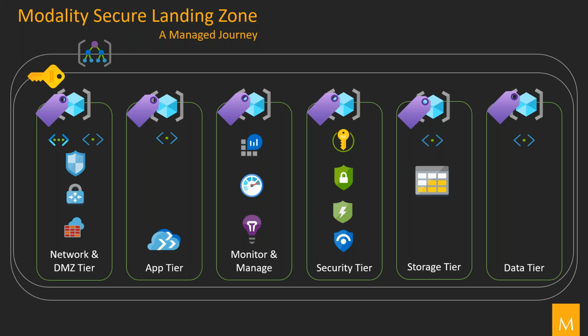You should have identity, which is the management spoke of that landing zone. Networking provides you with separation, and the data storage and compute sections of the landing zone are all around where you can migrate to or how you can innovate. So this is an example of what Modality would deploy as part of our secure landing zone.